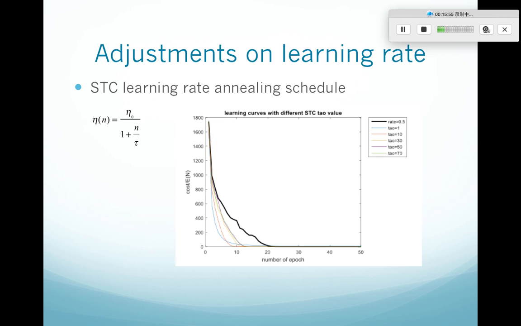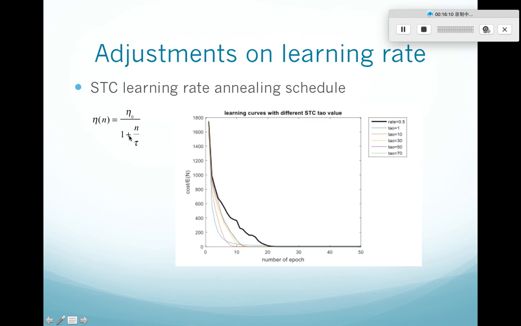The second method to adjust the learning rate is called search then converge schedule. It's also called STC. The definition is in the left equation.